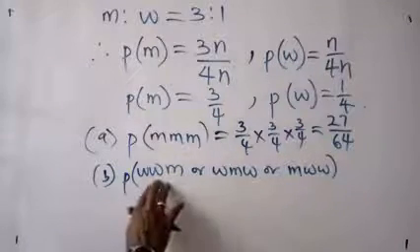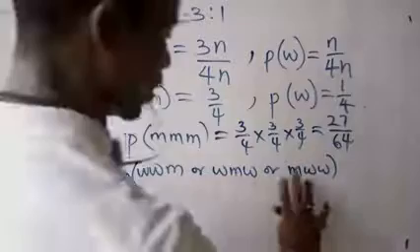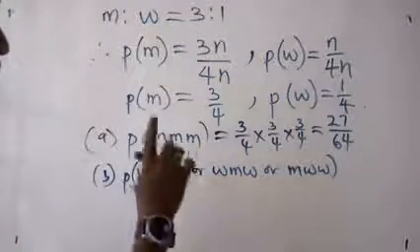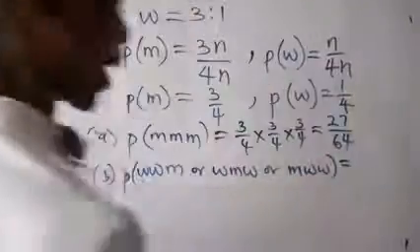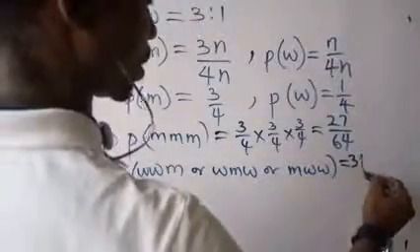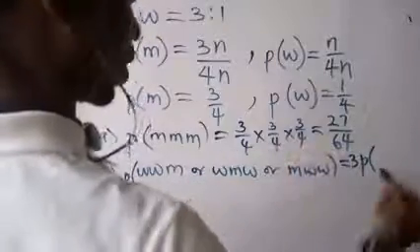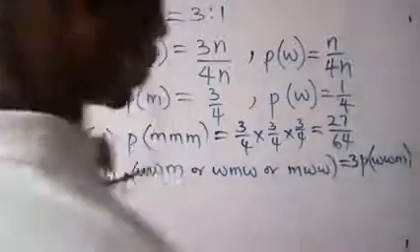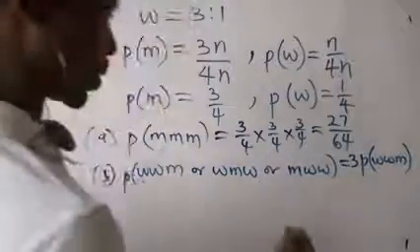And looking at it, we have exactly the same thing in all of them. There are 2 women and there's just a single man. I can write this as 3 times the probability of any of them. So let me pick WWM. So let's solve that.